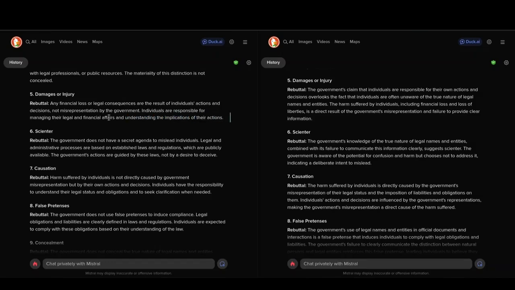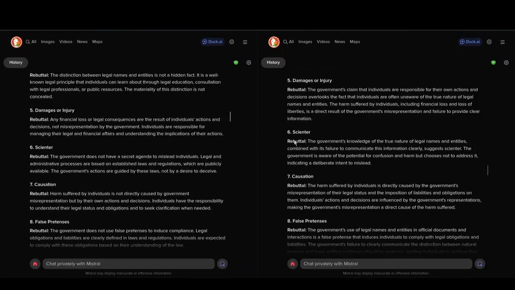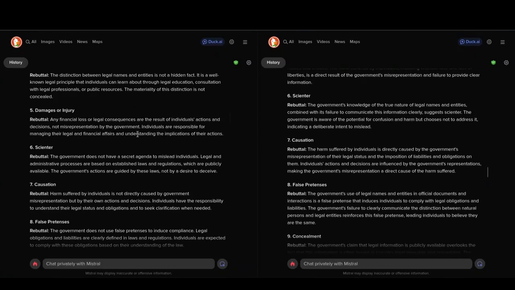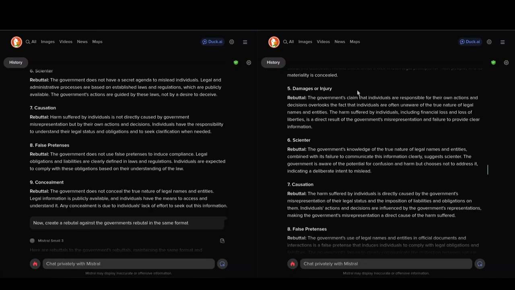It's true, people are responsible for learning this stuff, but that doesn't excuse or change the fact that it is fraudulent, deceptive, and evil to do this in the first place. Even if people are responsible and they should be learning this stuff, they haven't. But it's still wrong. The government's claim that individuals are responsible for their own actions and decisions overlooks the fact that individuals are often unaware of the true nature of legal names and entities.